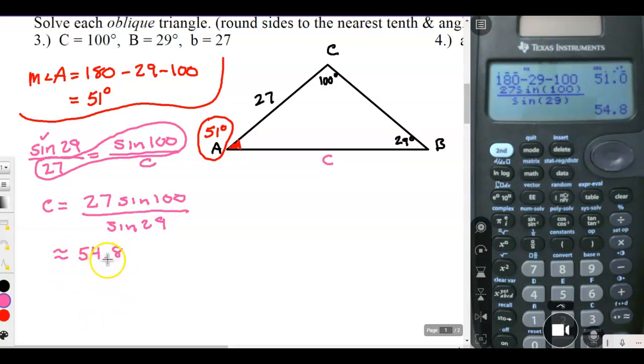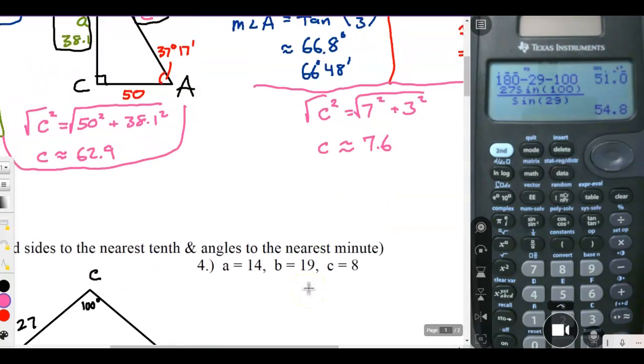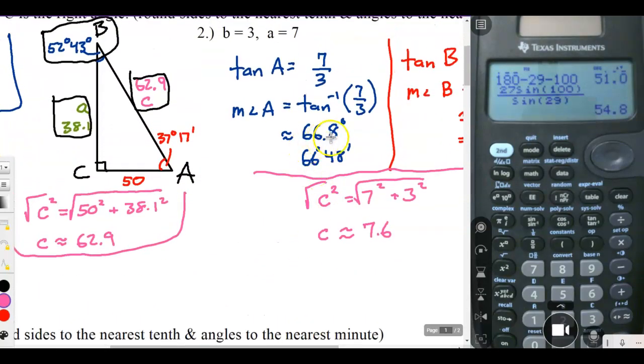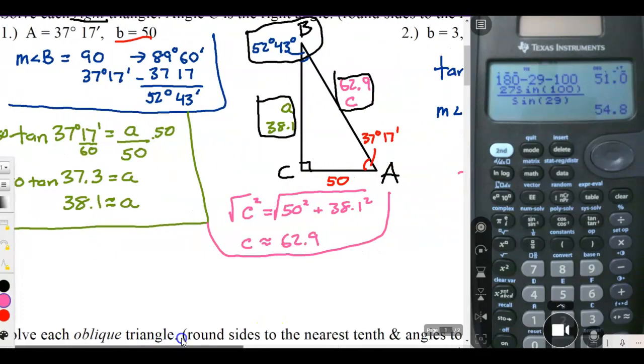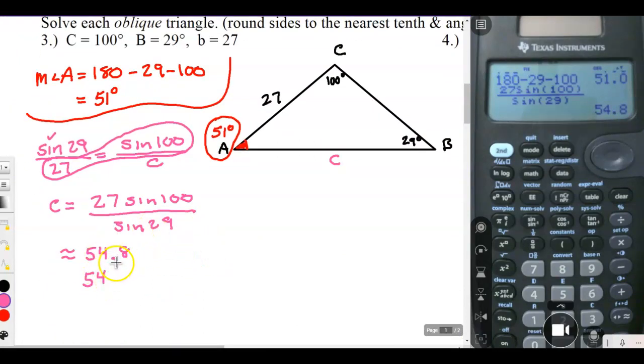And we have 0.8 again, so we have to convert this to degrees minutes, so 54.8, which we already kind of figured out. So if you want to use over here, 0.8 was 48 minutes, right? So you can reuse that, or you can redo the calculation. But 80% of an hour isn't going to change from problem to problem.